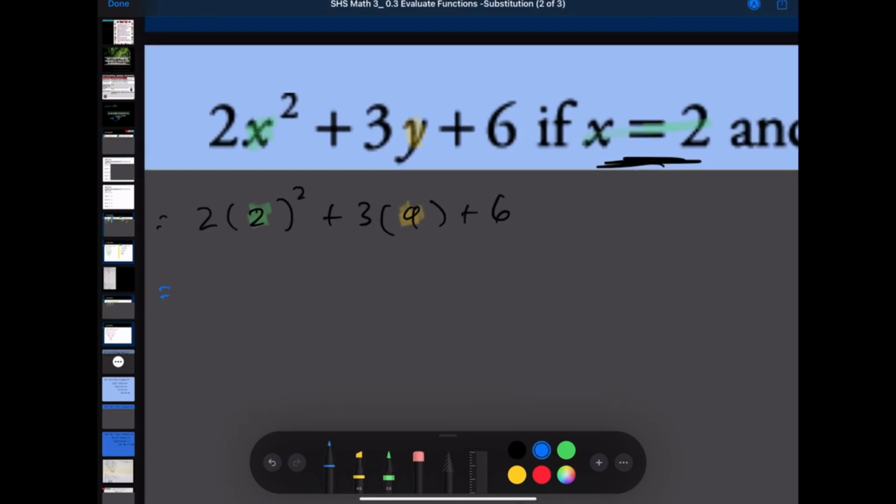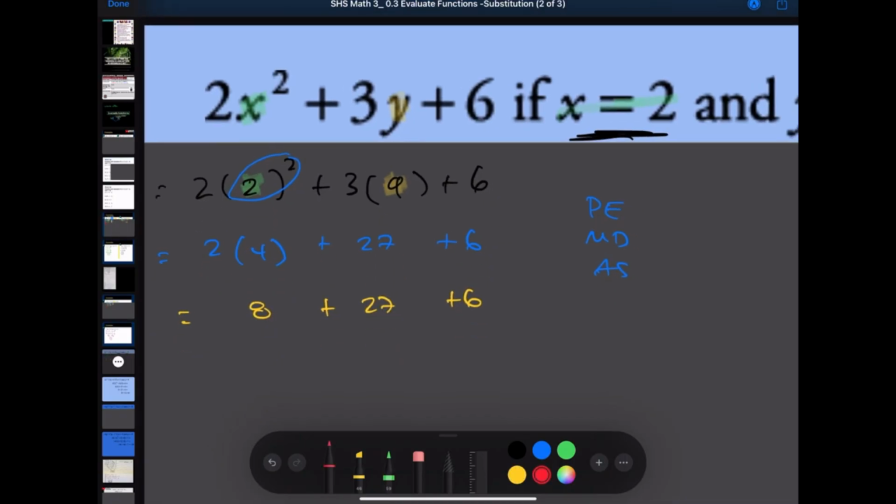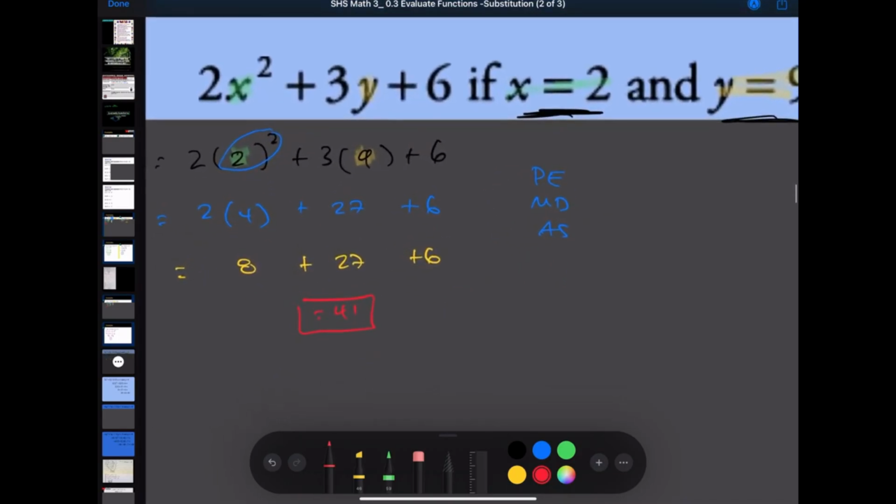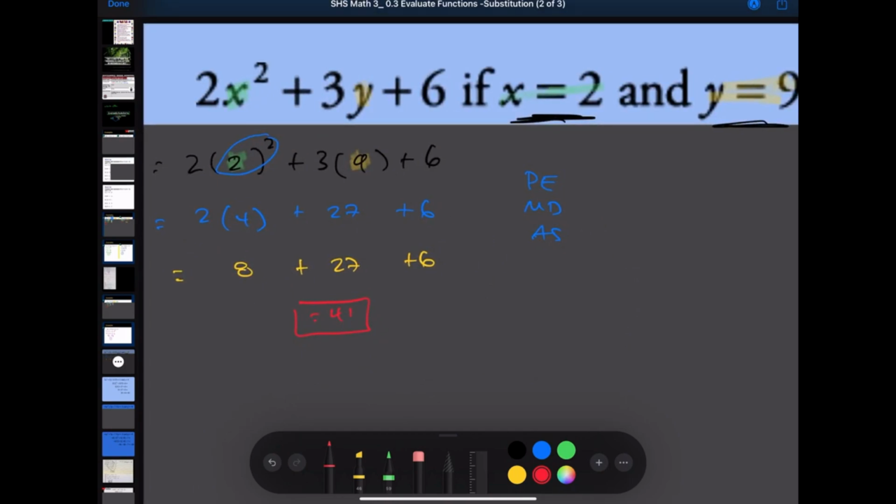Okay, should I multiply or do exponent? Exponent, PEMDAS. Three times 9? 27. And then we have 8 plus 27 plus 6. And then we get 35 plus 6 equals 41. So take your time, use the parentheses, and use order of operations.